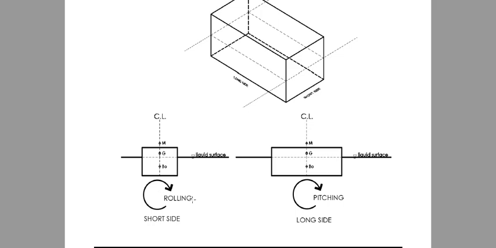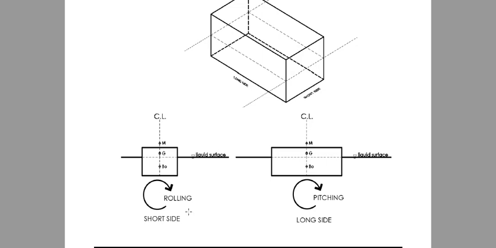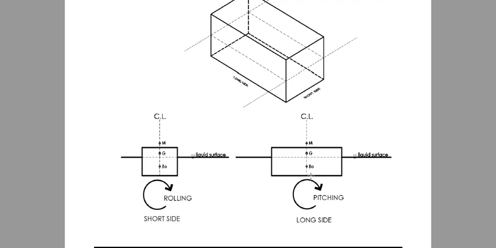It's the short side that is more susceptible to overturning, which we call rolling. So oftentimes we analyze the floating body in terms of the short side. If it is stable along the short side, most probably it would be stable along the long side. So in this problem, we will analyze the short side of the scow.